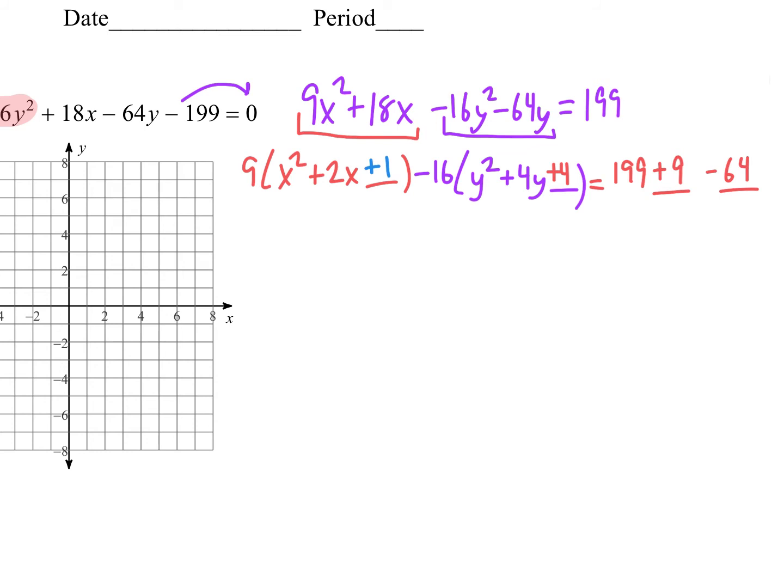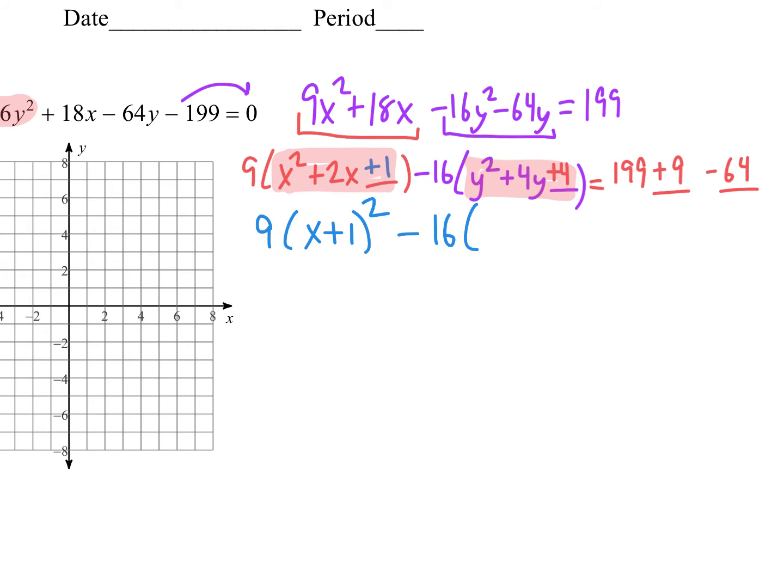Okay, so what we hopefully have done correctly is created perfect square trinomials here. That one and that one. By completing the square, our goal was to get these perfect square trinomials. So we have the 9 there. The x squared plus 2x plus 1 is really x plus 1 squared. We have the minus 16.